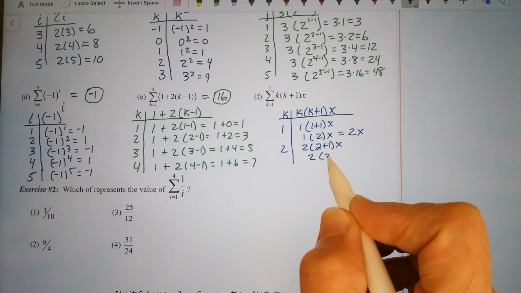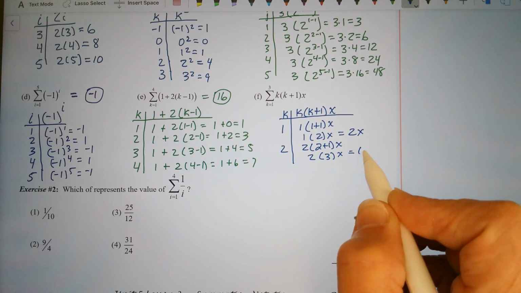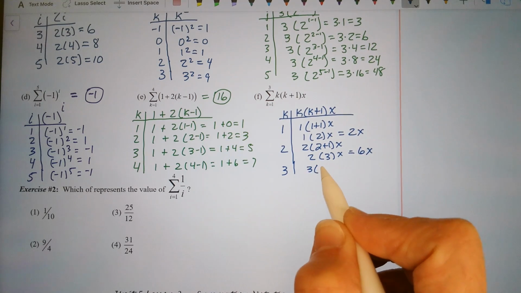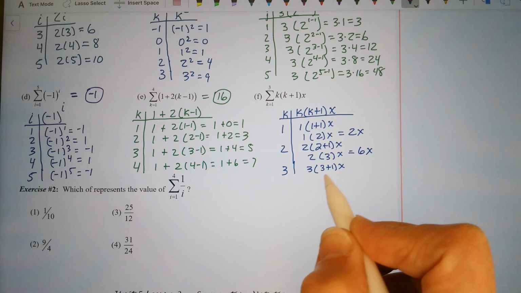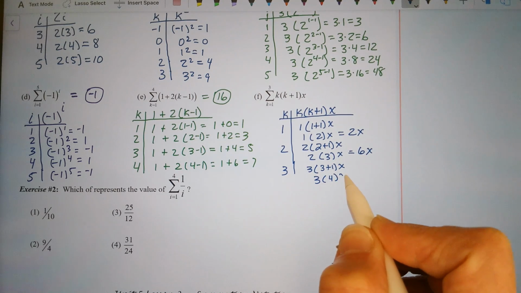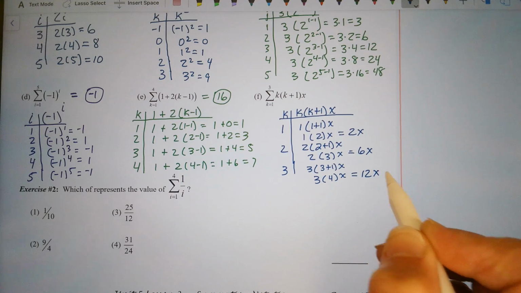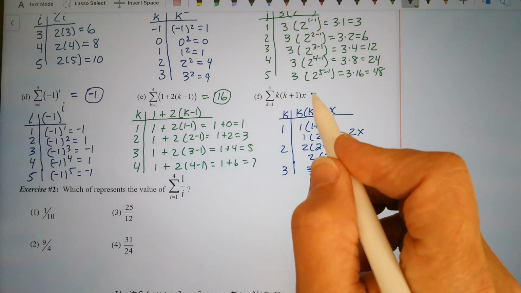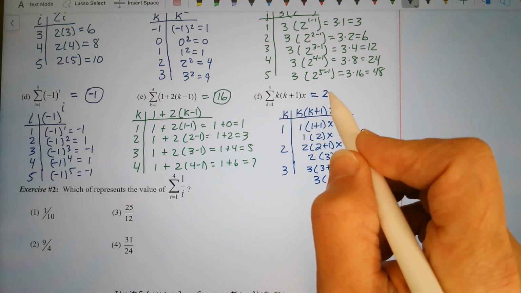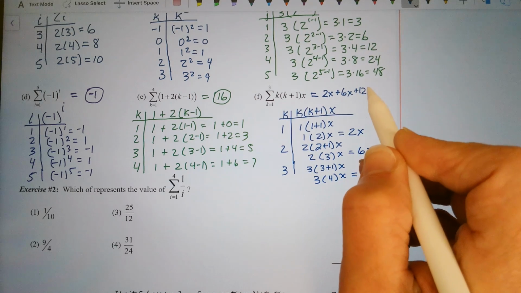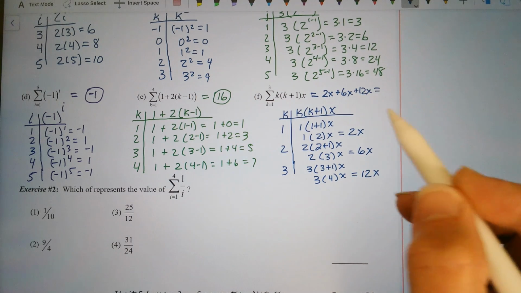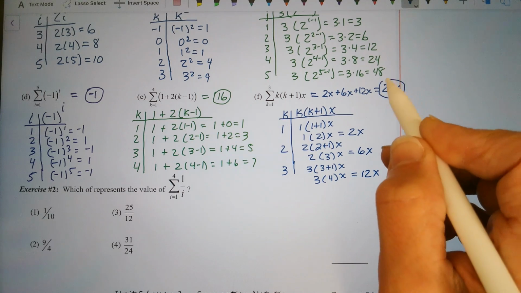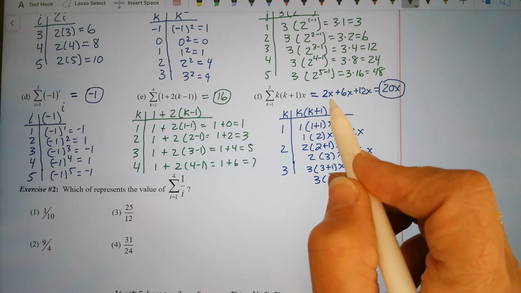This is 2 times 3 times x, which is 6x. And then 3 times 3 plus 1 times x, 3 times 4 times x is 12x. And now, this is equal to 2x plus 6x plus 12x, which is 20x. The 20x is the sum.